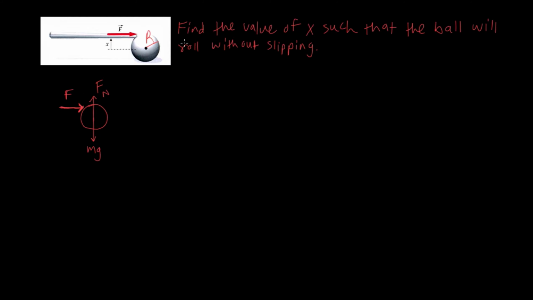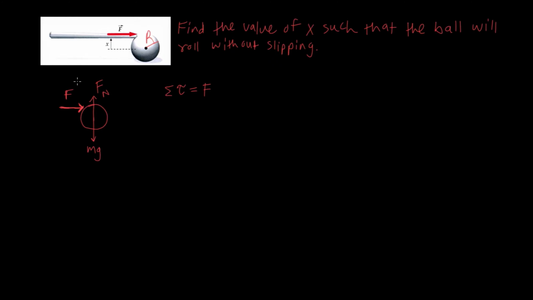So if we were to write the sum of the torques that are acting on this ball, remember that a torque is equal to the force that's causing the torque times the distance that the force is from the axis of rotation. So now what's the force F?